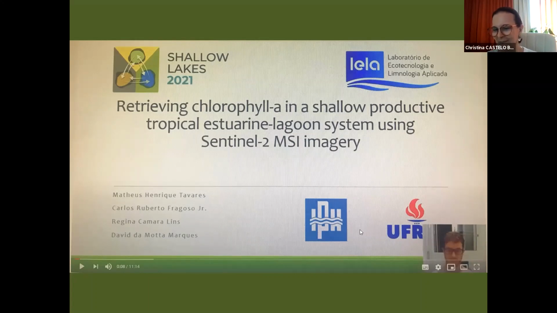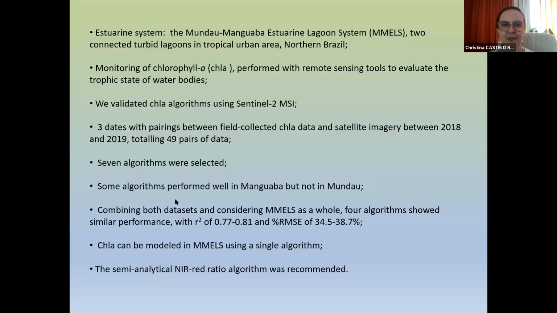Welcome, Mateus. Our summary of your research: it is in an estuary system, the Mundaú-Manguaba estuarine lagoon system, two connected turbid lagoons in tropical urban areas in northern Brazil, Alagoas.